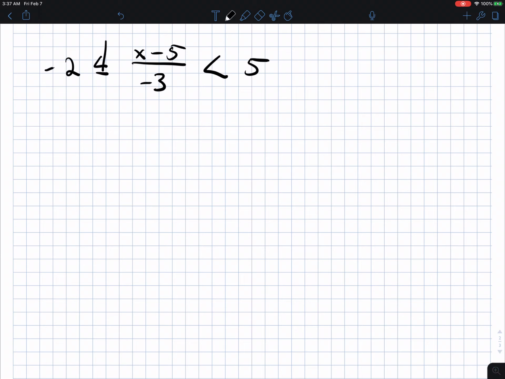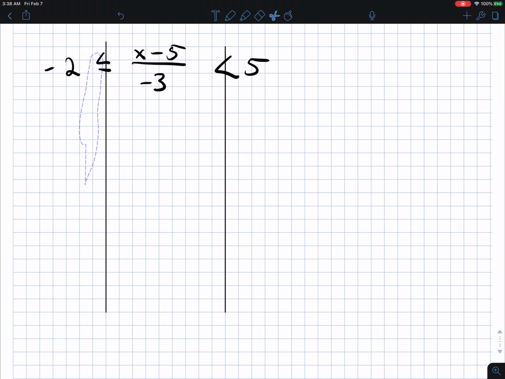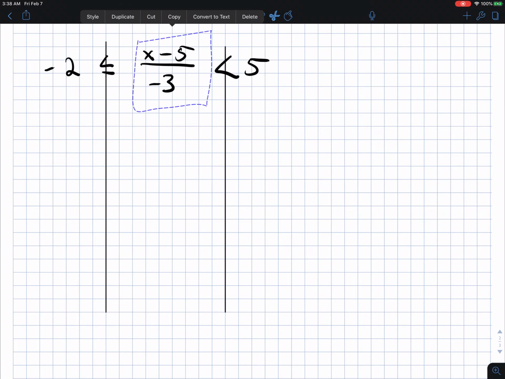I'm a fan of organizing it by, these are like our equal signs. So I'm a fan of doing this technique. Okay, so whatever we do to the middle, we do to all three parts. So if we want to move these away from the x, the first thing we want to do is the inverse operation.